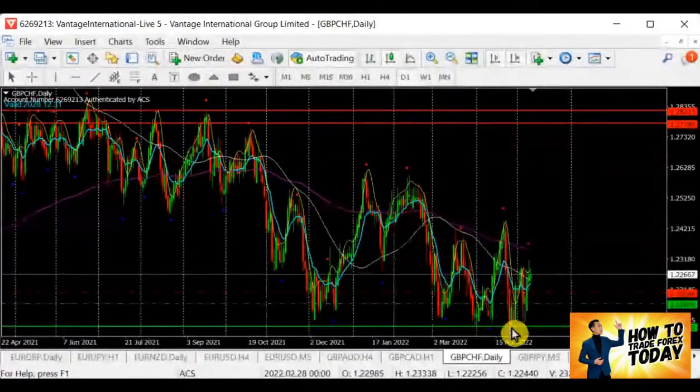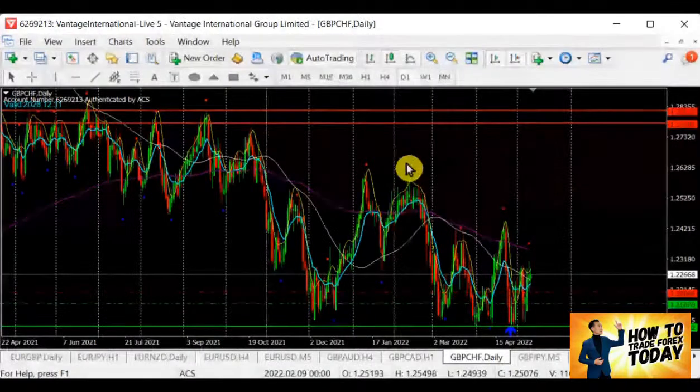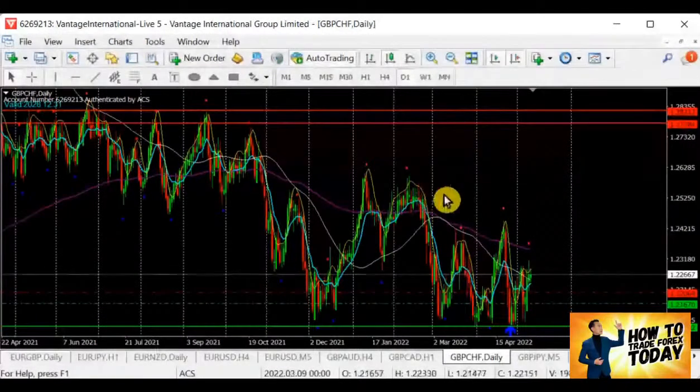So many tries over here, and this shows that sellers are still selling at the lower price, correct? But until the last few swings over here, that's a change.